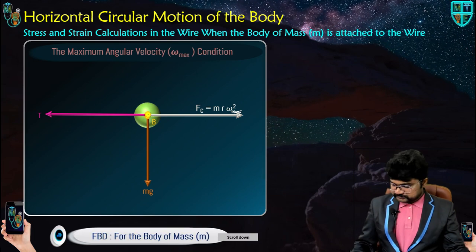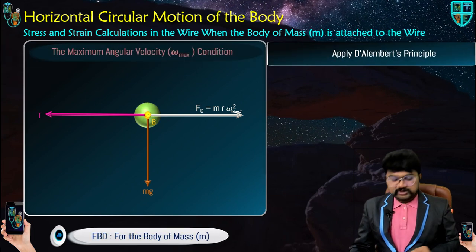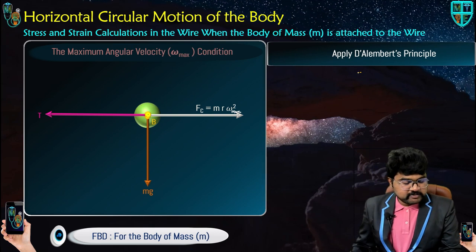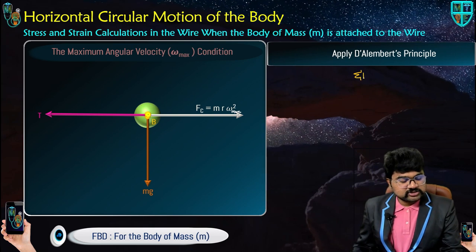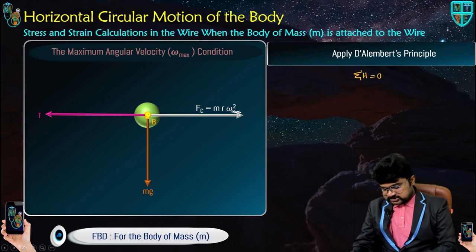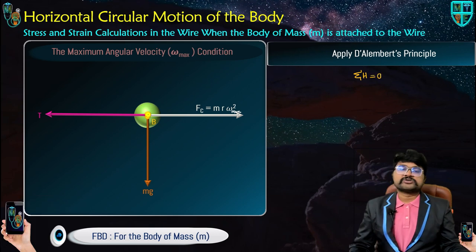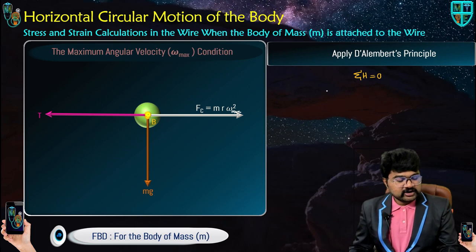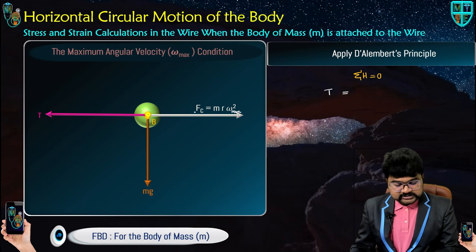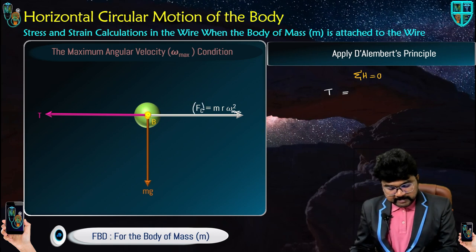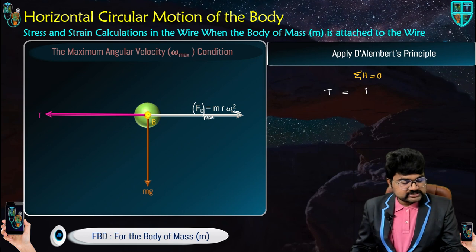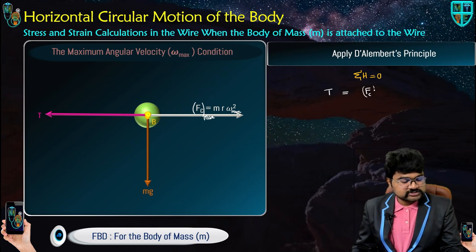Here we need to apply D'Alembert's principle. It's very simple. Sigma H equals 0. Sum of the left forces equals sum of the right forces. Tension in the string equals the maximum centrifugal force.